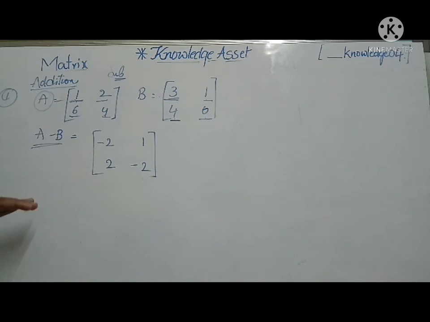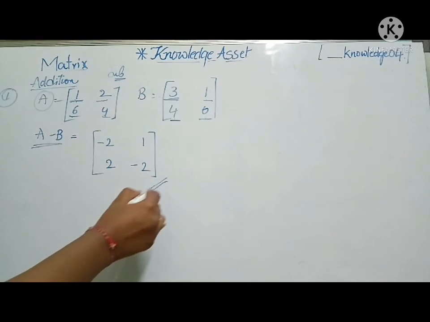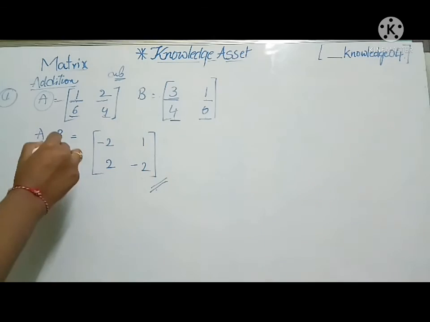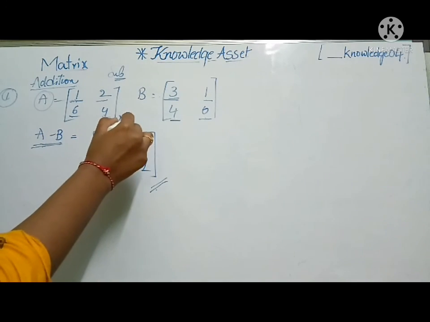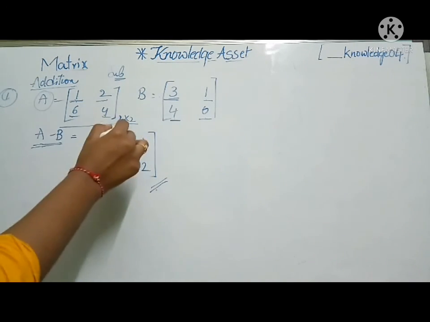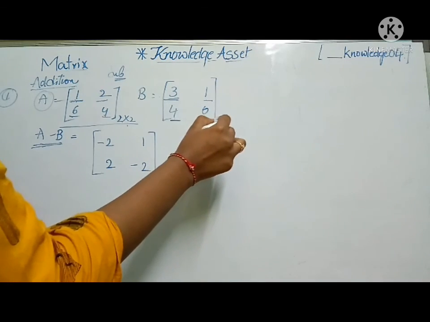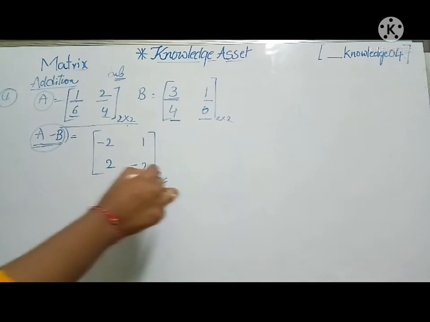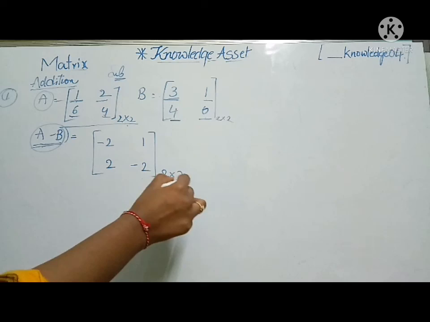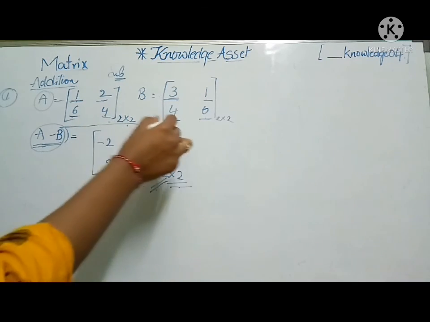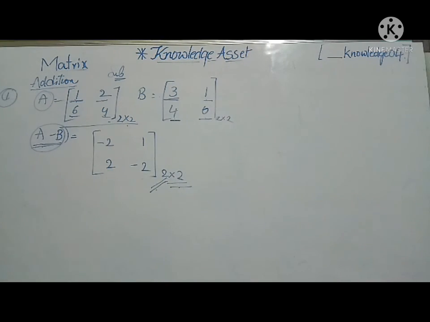Okay, subtraction is done in a similar way as addition. This is the subtraction A minus B. Here A is a 2 by 2 matrix, B is a 2 by 2 matrix, and A minus B, the result, is also of the same order as A and B.